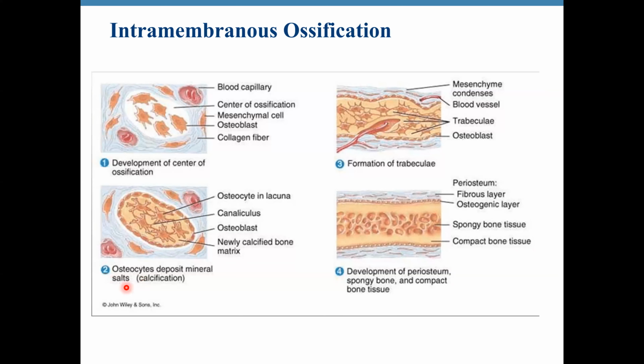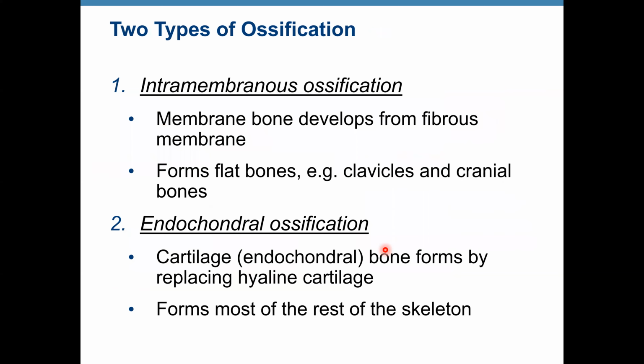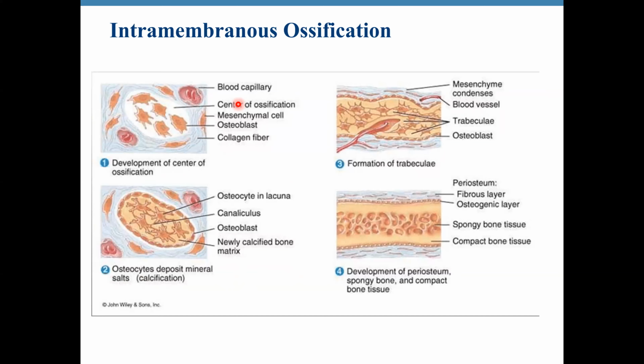Osteoblasts start depositing mineral salt. Then we have blood vessels growing inside, and spongy bone is formed. And then compact bone is formed on the surface, and periosteum, the fibrous layer, covers the flat bone. We also want to remember that clavicle and cranial bones are the ones that are formed by intramembranous ossification.